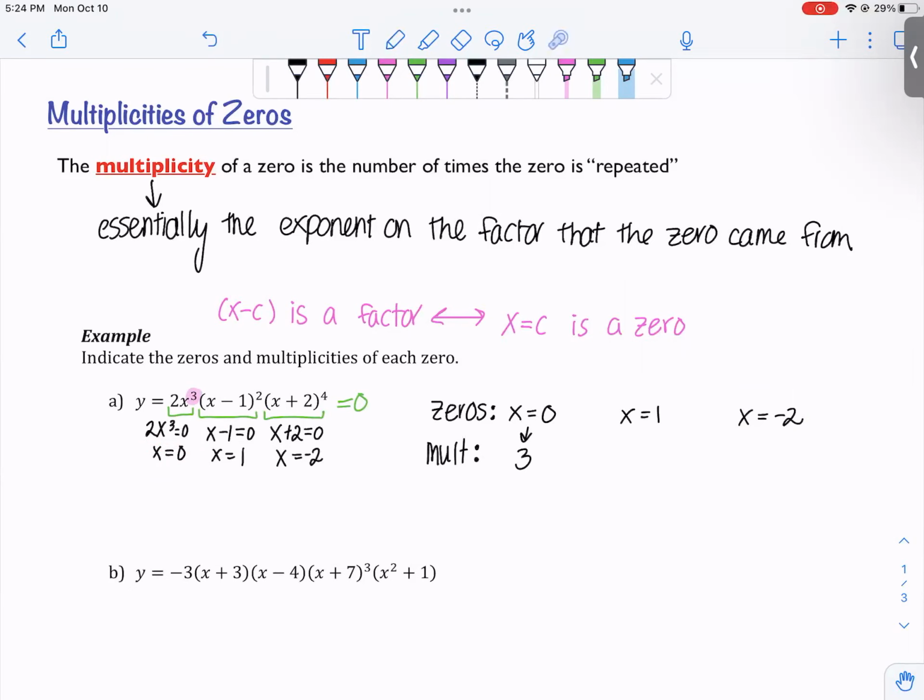It is repeated 3 times. The multiplicity of 1 is 2 because that zero is repeated 2 times. The multiplicity of negative 2 is 4 because that zero is repeated 4 times.